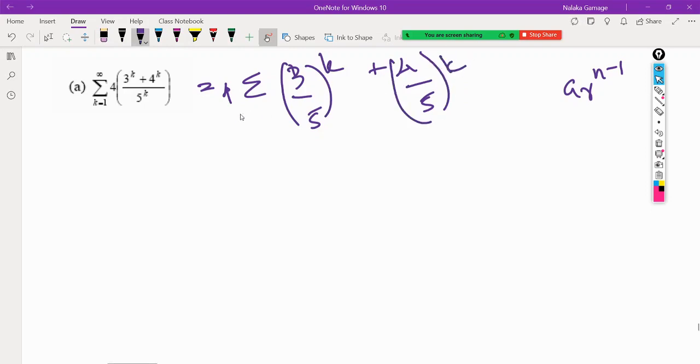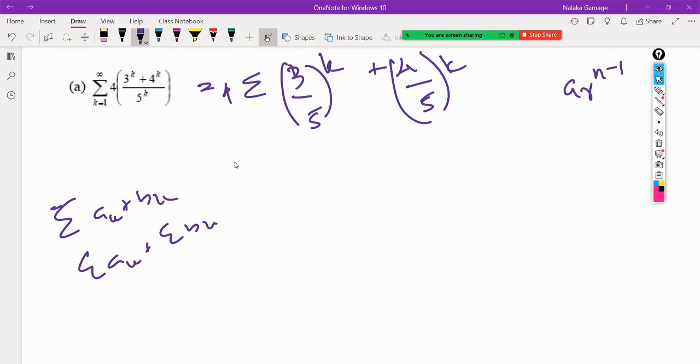Right, but this 4 I have taken out, and this is a_k plus b_k, right? Remember, sigma of a_k plus b_k can be written as sigma a_k plus sigma b_k. So I can divide it into 2 again, but this 4 must be there.